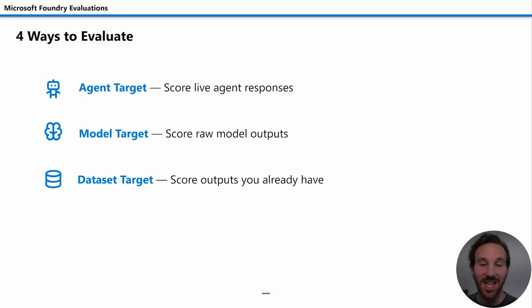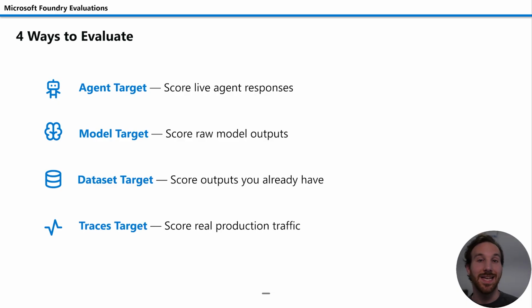For the data set, if you have an existing set of responses along with their inputs, you can upload these and run evaluations on existing data sets without ever needing to make additional API calls to any type of agent. So this doesn't use more tokens because you already have the inputs and outputs, you're just running the evaluators. Although you would still use the AI tokens, inputs and outputs for AI-assisted evaluators, even when using data sets like this.